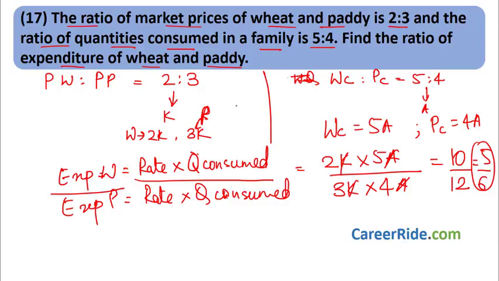There is another way. Over here the factors got cancelled out, right? k and k get cancelled, a and a get cancelled. So what you can do is, you can write that expenditure is nothing but rate into quantity consumed.